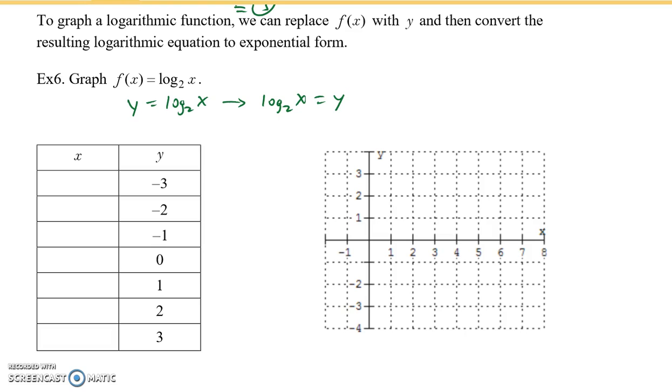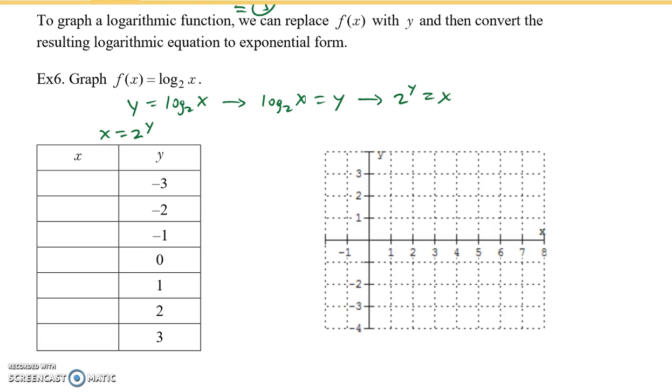If we convert this to exponential form, it would be 2 to the y equals x. So in filling out a table of values for this logarithmic function, we're essentially working with an equation of the form x equals 2 to the y.